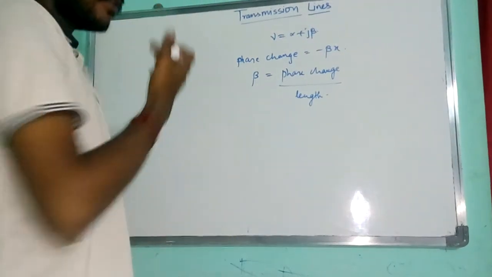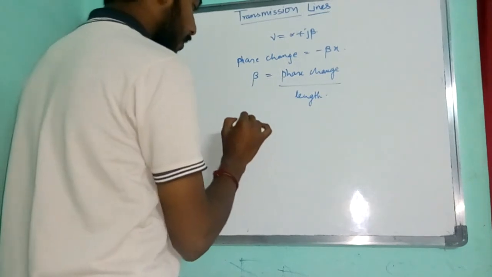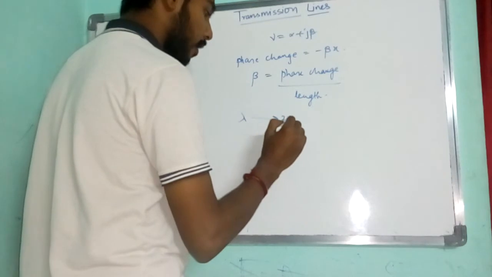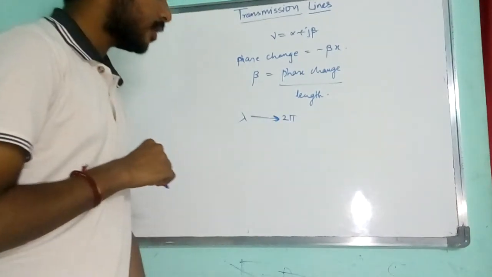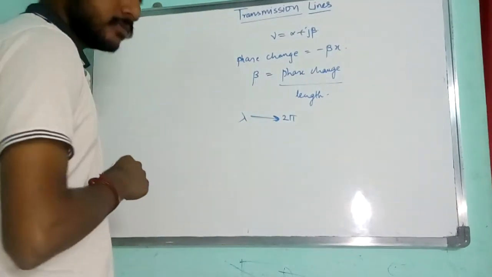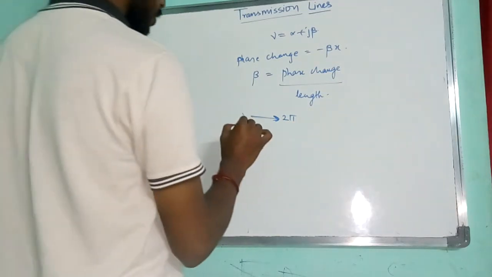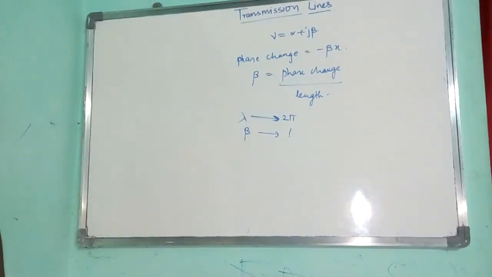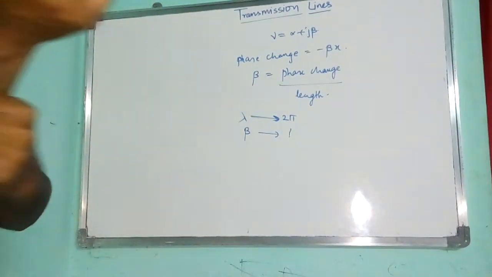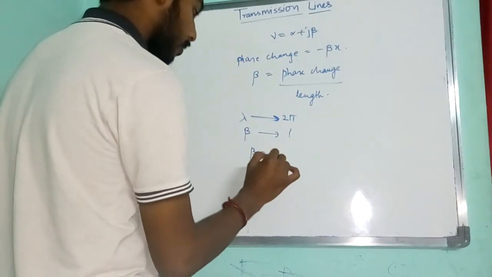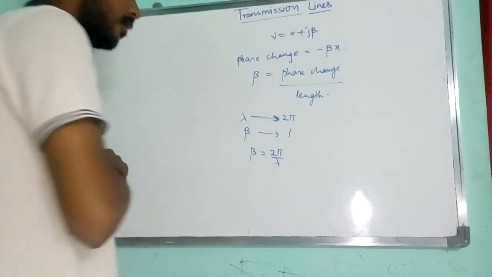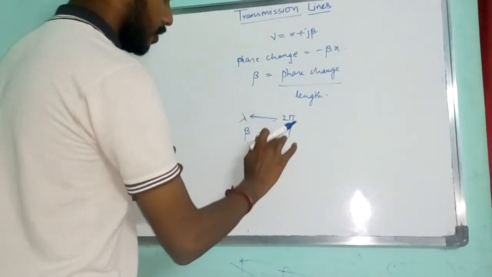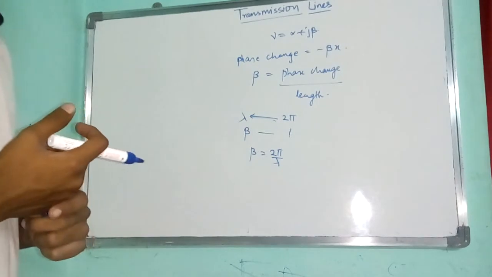From basic physics we know that for a wavelength of distance there will be a change of 2 pi phase. Now for beta, how much is the phase change? For unit length, it will be 2 pi by lambda.